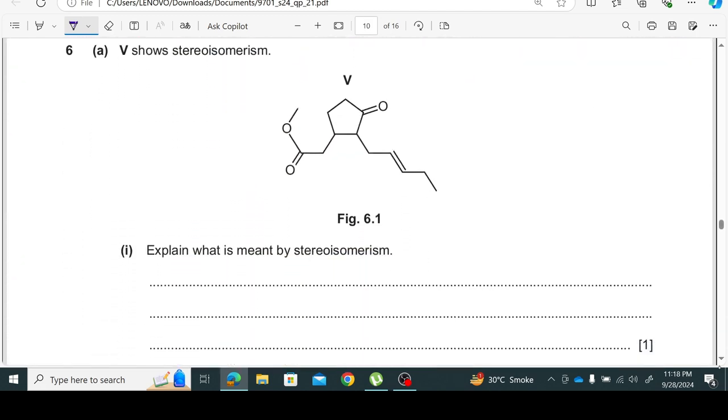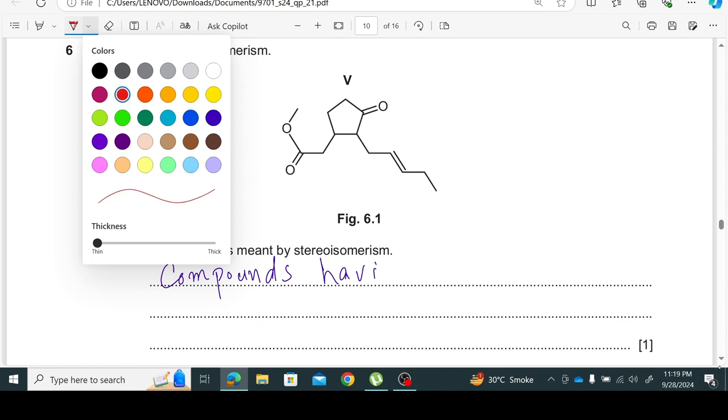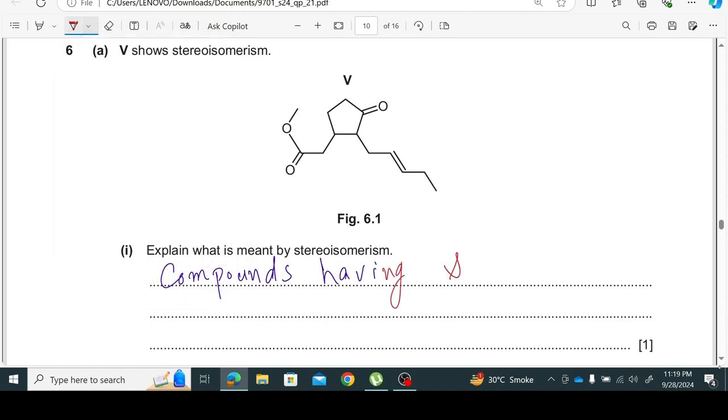We show stereoisomerism. Explain what is meant by stereoisomerism. The organic compounds having the same molecular formula or chemical formula, but different arrangement of atoms in space.